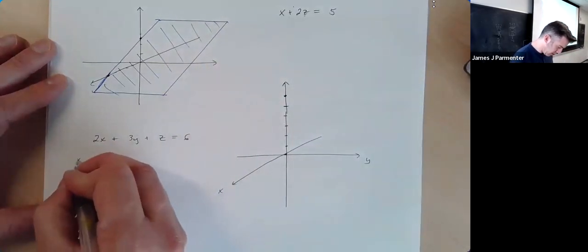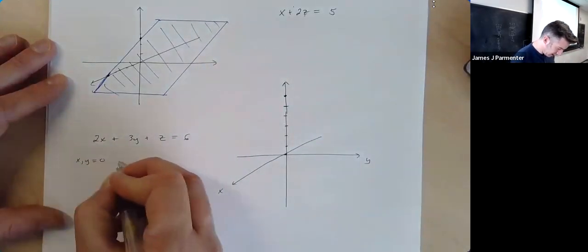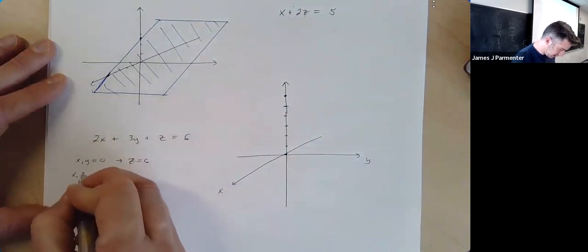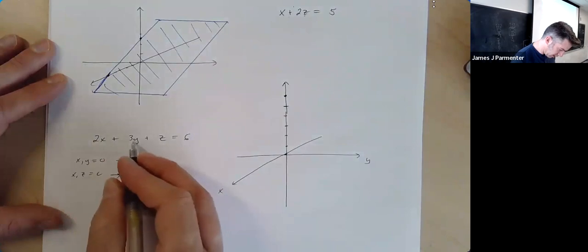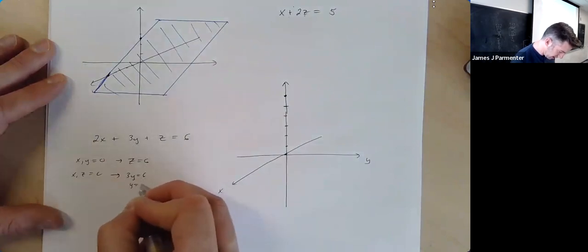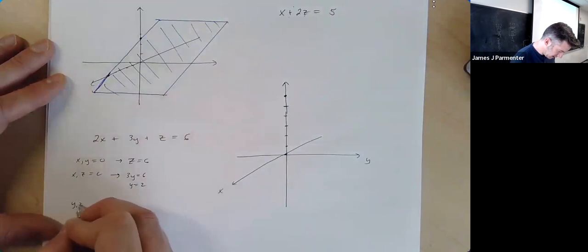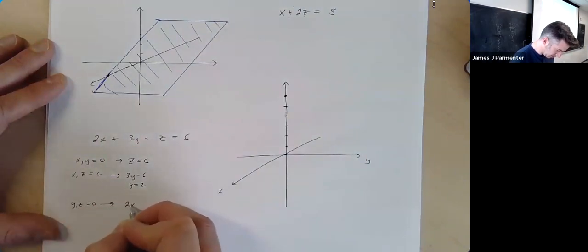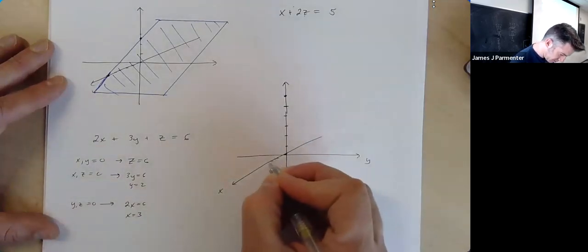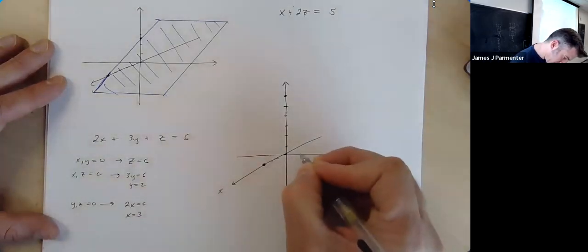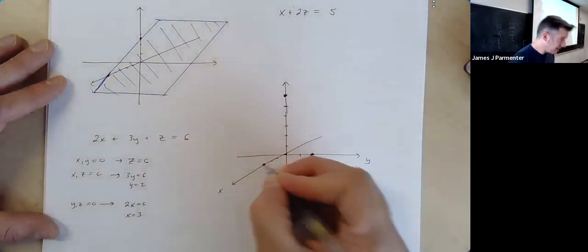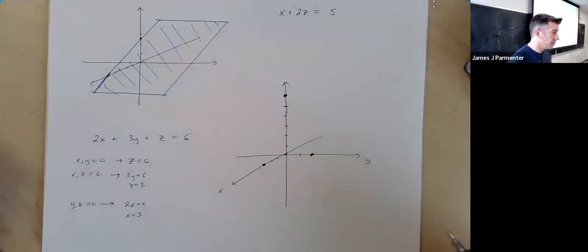I'm going to set x and y equal to 0 and get z equal to 6. I'm going to set x and z equal to 0 and get 3y equal to 6, which gives me y equal to 2. I'm going to set y and z equal to 0 and get 2x equal to 6, so x is equal to 3. So I've got those 3 intercepts, and then I'm just going to connect them.